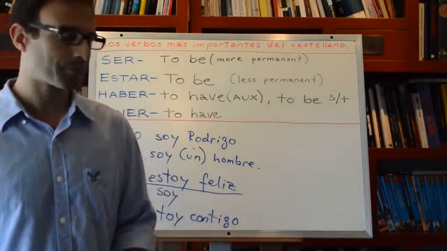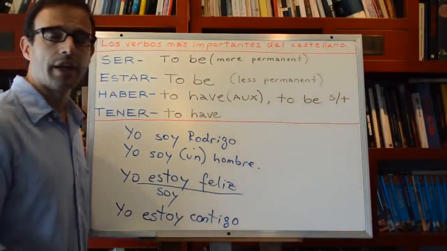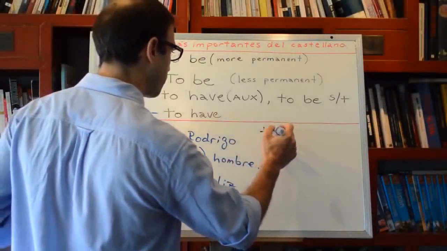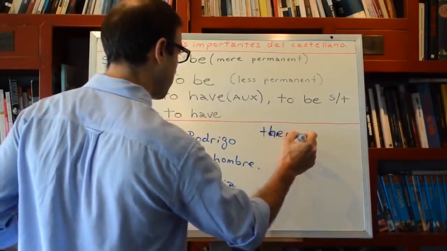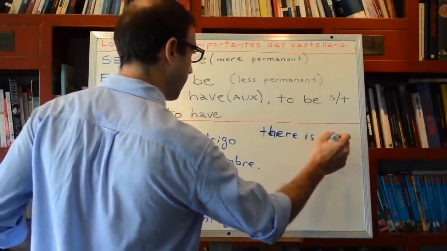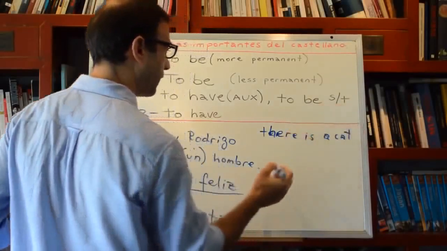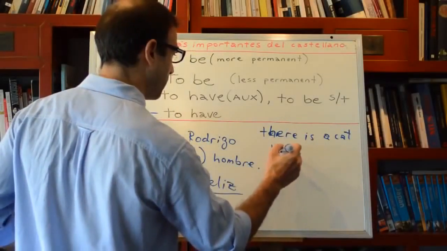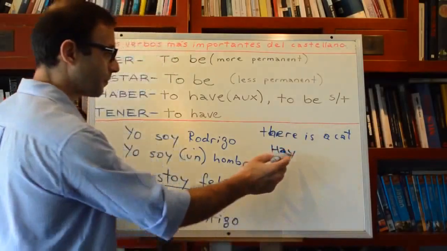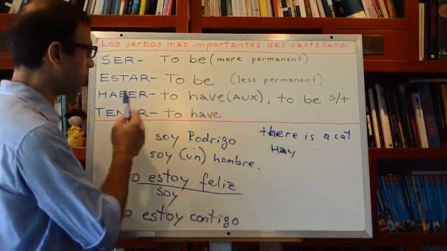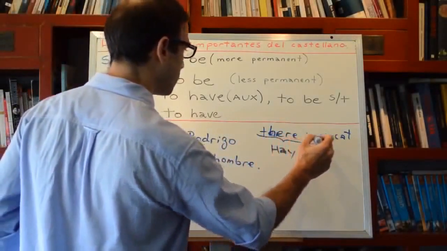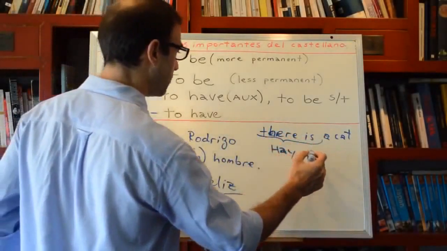So for example, if I want to say there is a cat, okay? I will say hay. Hay is a special conjugation of the verb haber. So there is, in Spanish we say hay.